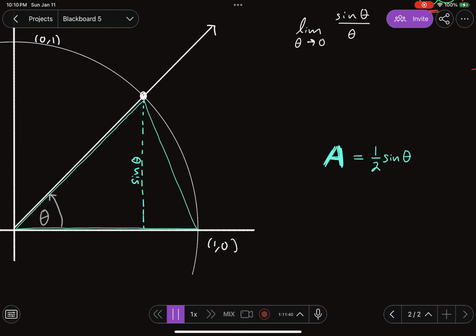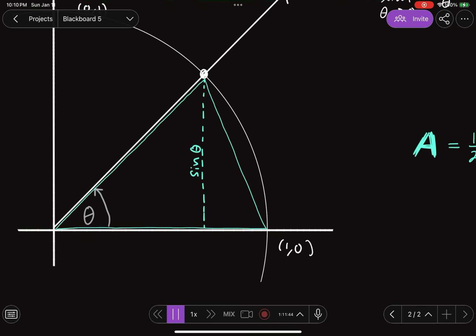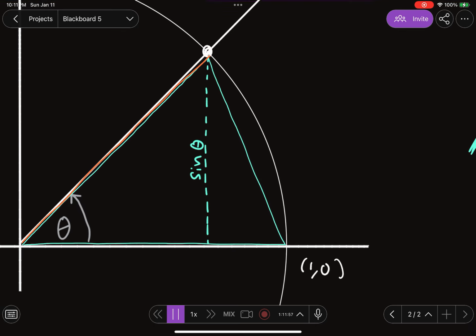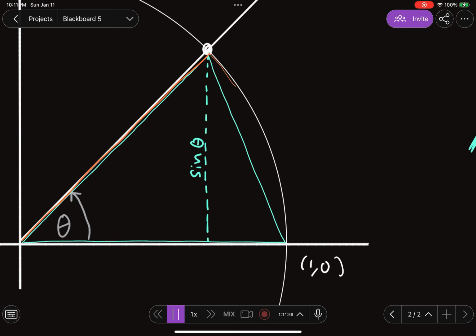Okay, that's huge. But I want to talk about another shape, a new area, and that's going to be this guy. I'll do orange. What if I wanted to talk about the circular sector? It's outlined like this.